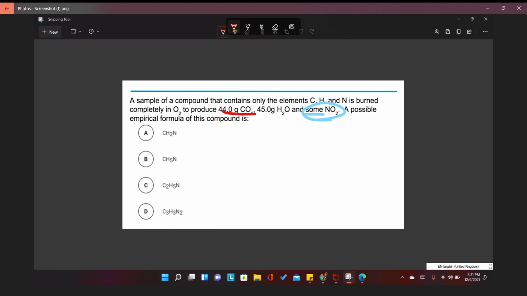Okay, let's go. So we have 44.0 grams of CO2.